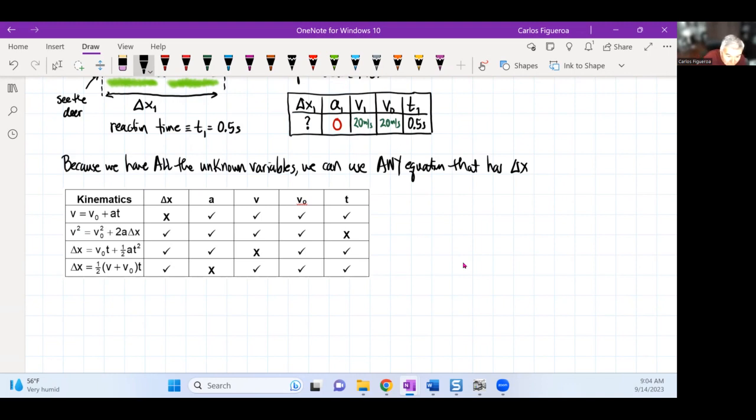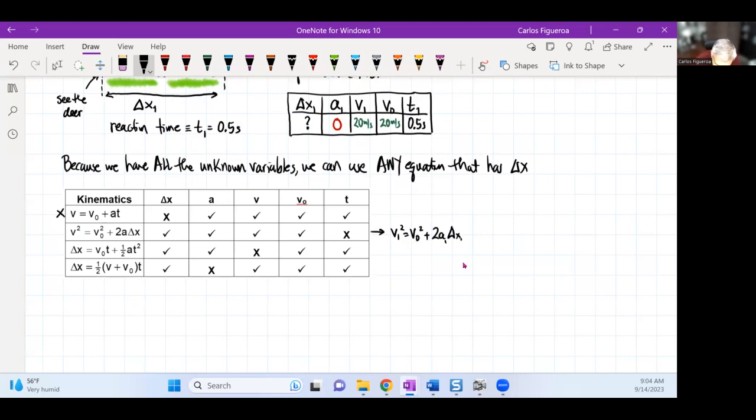So I can't use the first one. It doesn't have delta x. So that's out. Look at the second equation. This one gives me, and look at how I'm writing my notation, V1 squared equals v initial squared plus 2a delta x1.